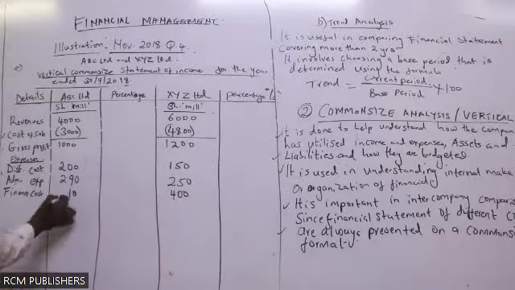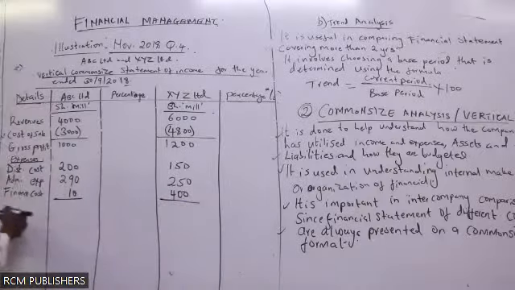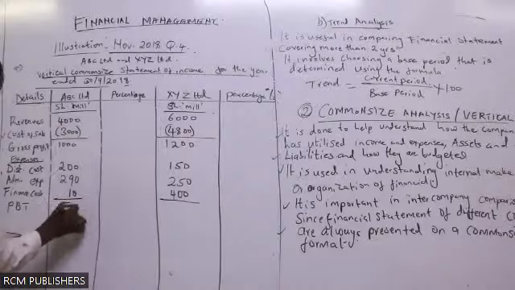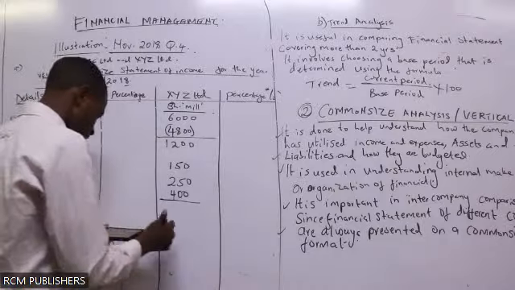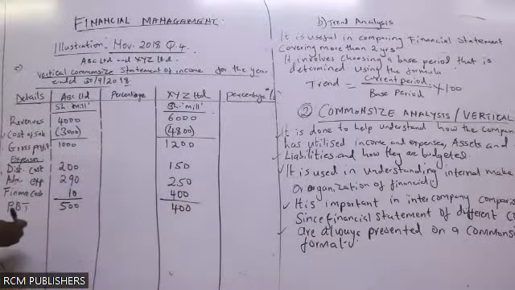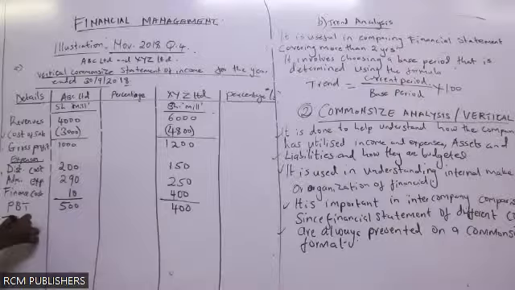Then you get profit before tax. When you less the expenses, you get profit before tax, PBT. Profit before tax will be 500 for this, and the other one is 400. You can see profit has started to reduce. Now we deduct tax. Tax paid 120.